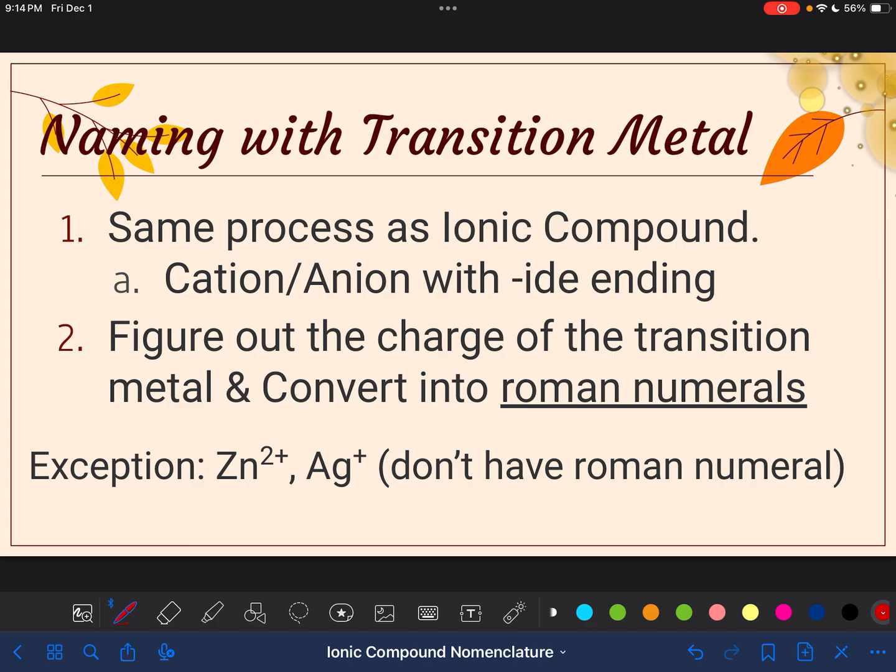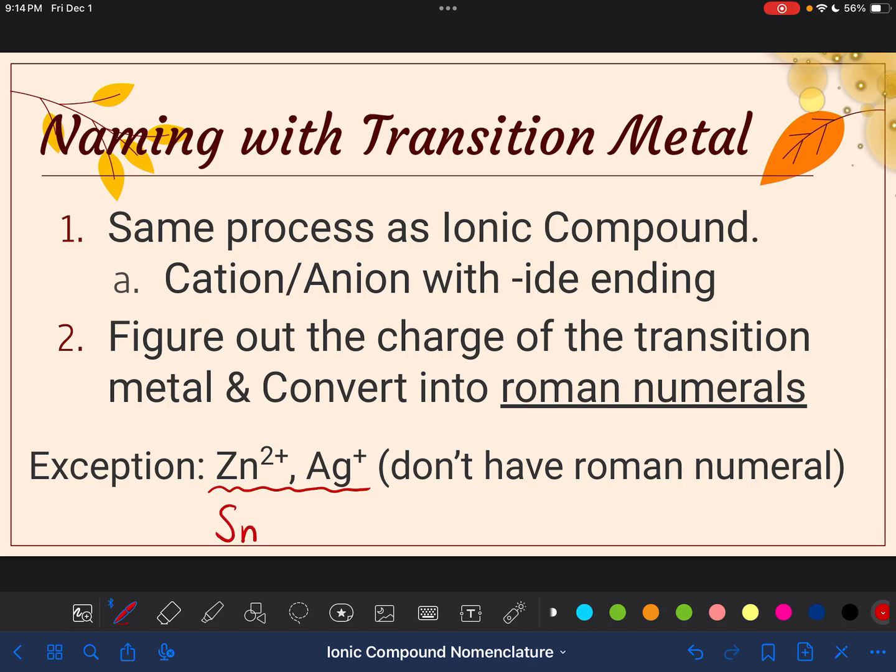And there are some special cases, which are zinc has +2 charge, silver has +1 charge, and they don't have a Roman numeral even though they're transition metals. Those are the special cases, technically. And there's also more, which I can tell you right now.